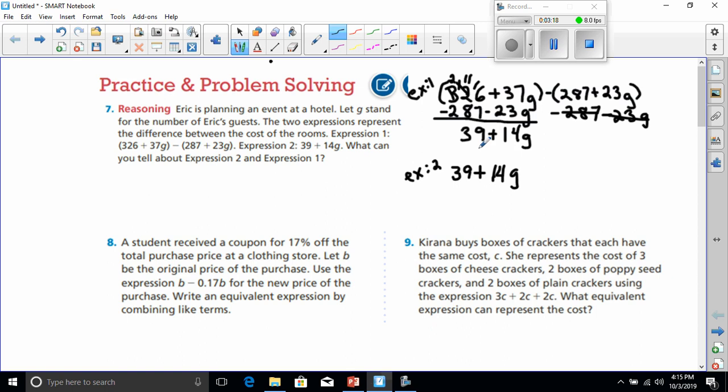And now, as we can see, when it says, what can you tell us about expression 2 and 1? Well, both are equivalent, right? Both are equivalent to each other.